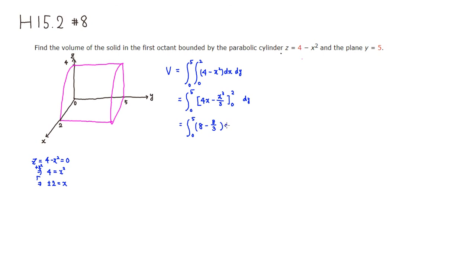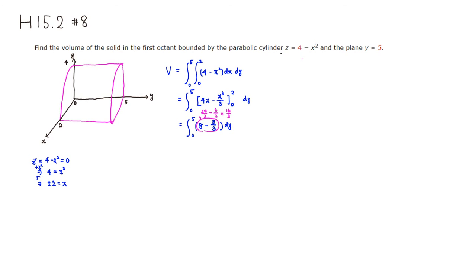Then you want to evaluate the antiderivative with respect to y. Let me compute this. 8 is 24 over 3, then you're subtracting 8 over 3, so that's 16 over 3.